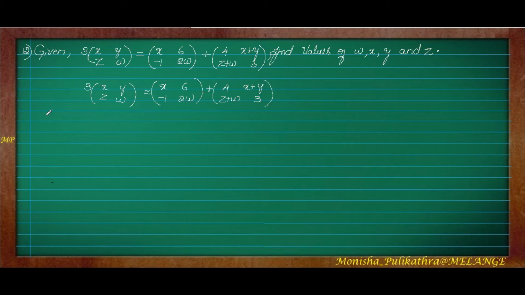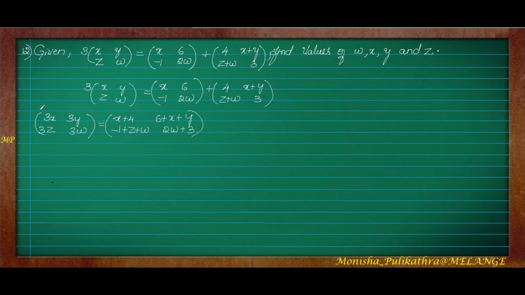First we have to multiply these elements. So 3x, 3y, 3z and 3w is equal to, we have to add the two matrices here. That is x plus 4, 6 plus x plus y, minus 1 plus z plus w and 2w plus 3.